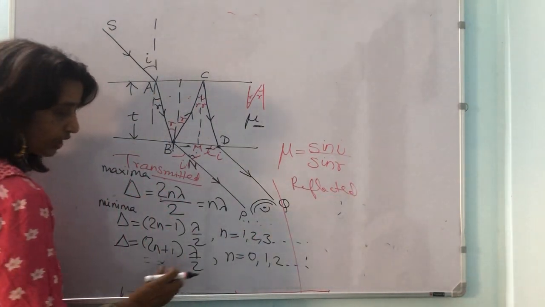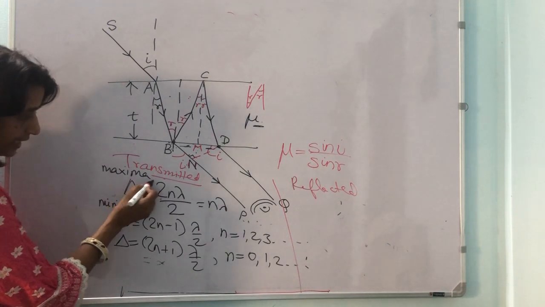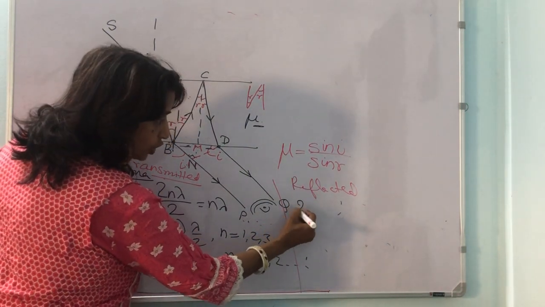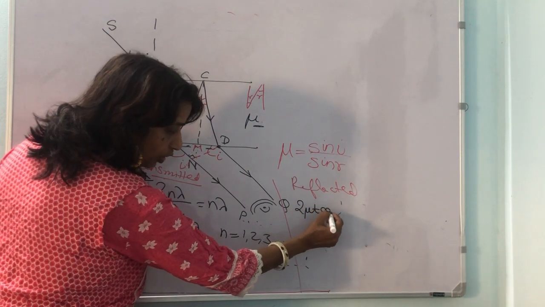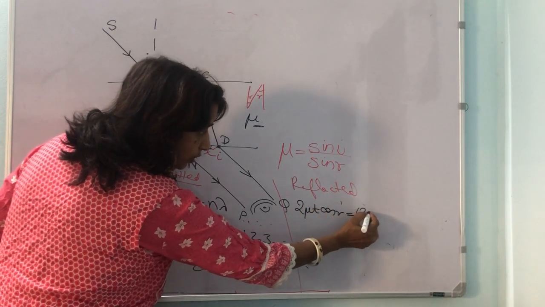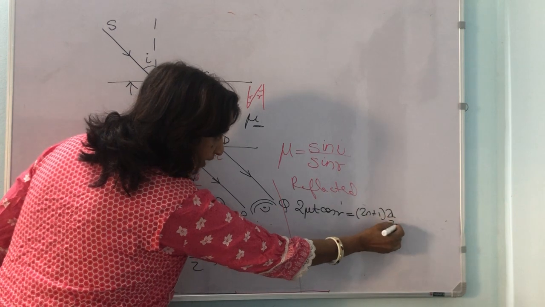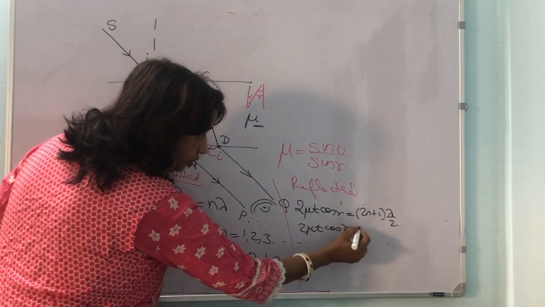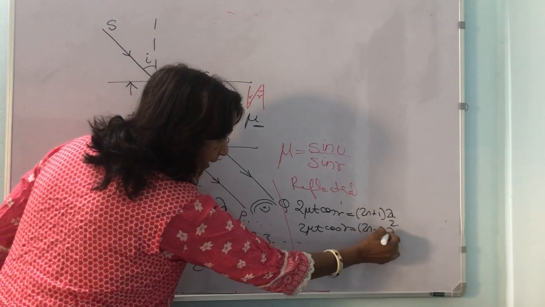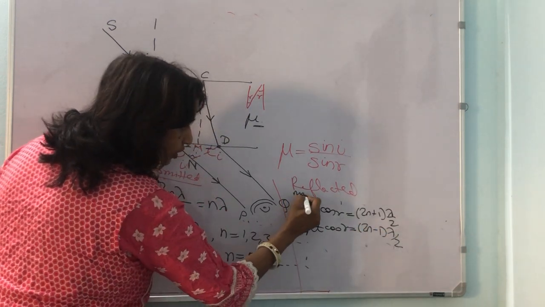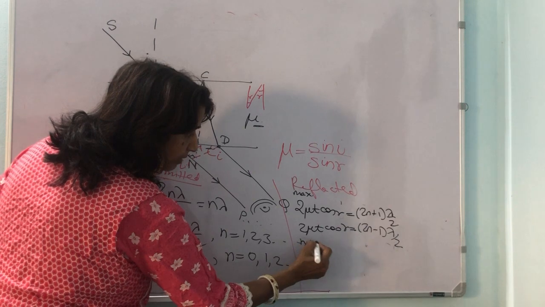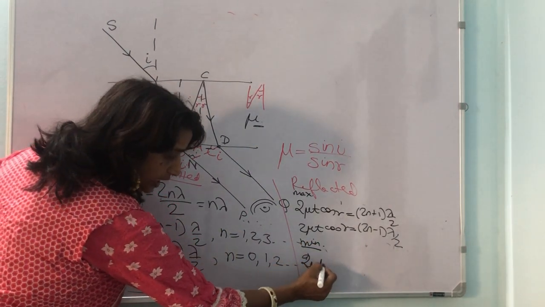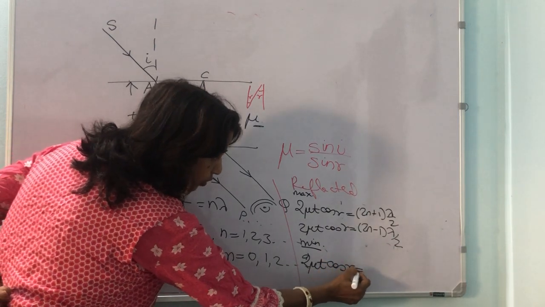For reflected, the maxima was 2 mu t cos r equal to 2n plus 1 lambda by 2, and the minima was 2 mu t cos r equal to n lambda.